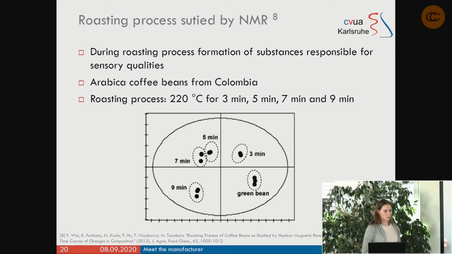In this study, Arabica coffee beans from Colombia were roasted at 220 degrees for 3, 5, 7, and 9 minutes to reach a light, medium, and dark roasting degree.